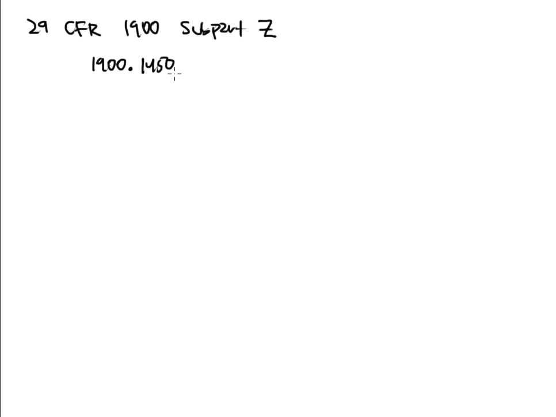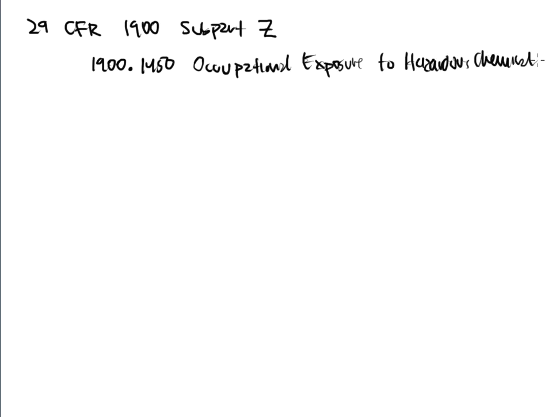This is a different area of the document, a different kind of chapter. Think of it that way, I guess. And this is going to be Occupational Exposure to Hazardous Chemicals in laboratories.